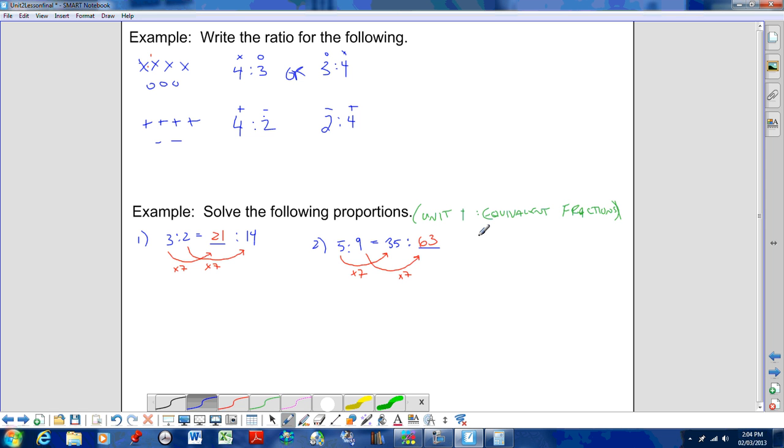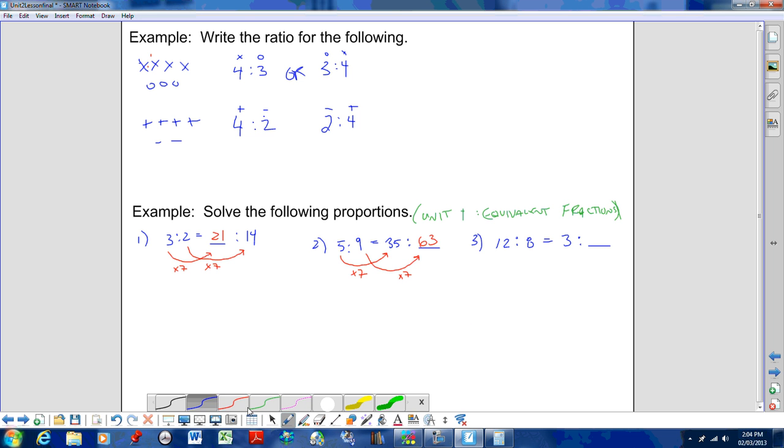All right, and a third example. What happens if I have 12 to 8, and now it's equal to 3 to blank.